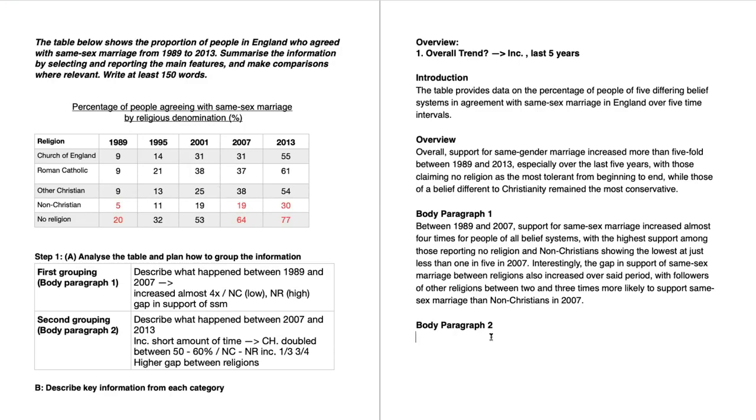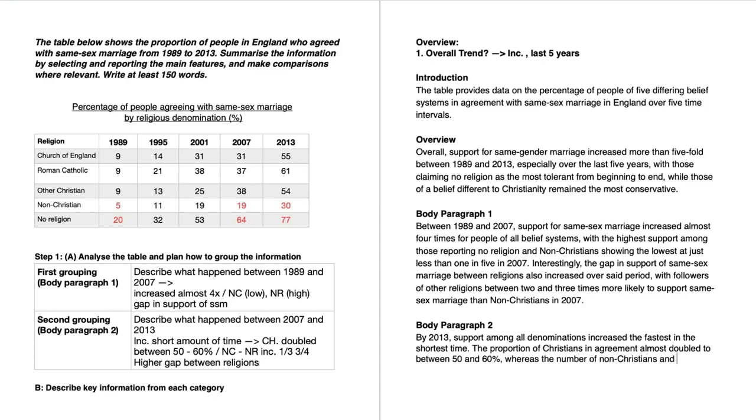And for this, I'm going to start off by saying, by 2013, support among all denominations increased the fastest in the shortest time. The proportion of Christians in agreement almost doubled to between 50 and 60%, whereas the number of non-Christians and those without a religion increased to around 1/3 and 3/4, respectively.